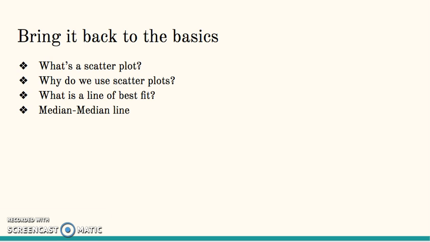Which leads me to my next point, what is a line of best fit? A line of best fit is a straight line that best represents the data on a scatter plot. The most common way that teachers typically teach this to 8th graders is they have them use dry spaghetti noodles, where they will place a spaghetti noodle on the sheet where they have the plotted data so that they can try and determine which angle and which way that line best represents all of that data, like what goes through the majority or what would be the average, so on and so forth.